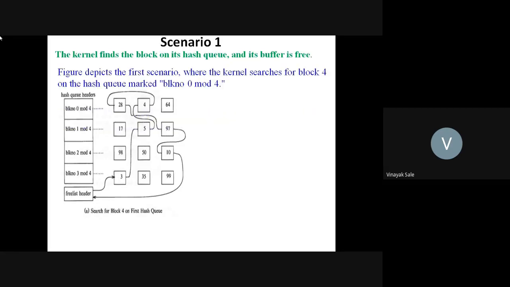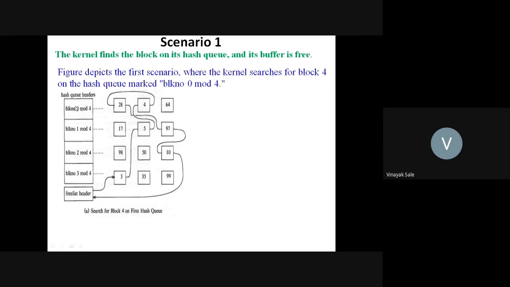This figure shows the first scenario, where the kernel searches for block 4 on the hash queue marked as block number 4. If it finds it, then it allocates it to the kernel.